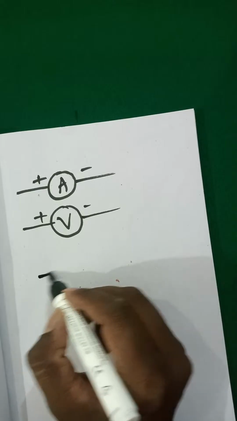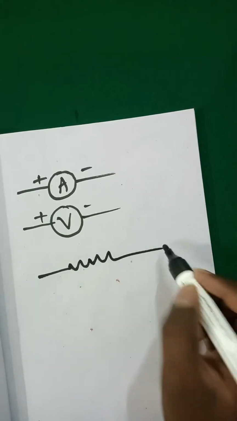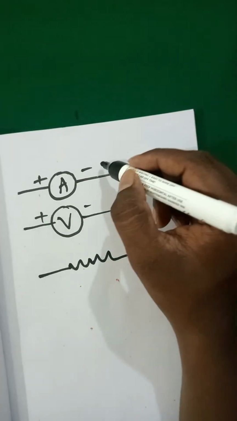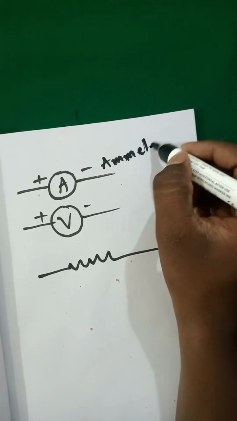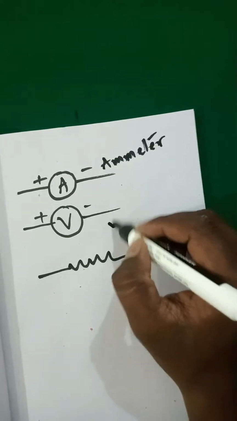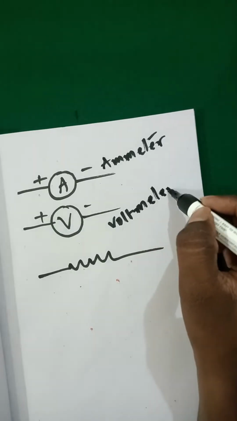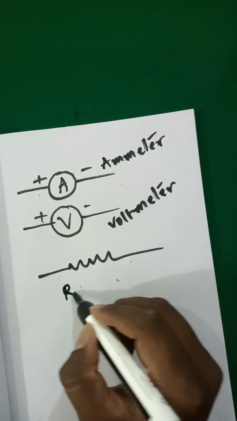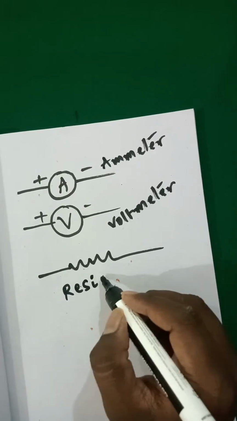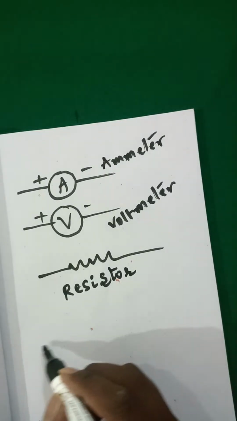Next, this is the resistor. Here I am taking the ammeter, here the voltmeter, and this is the resistor. Okay, and next one, the rheostat is there.